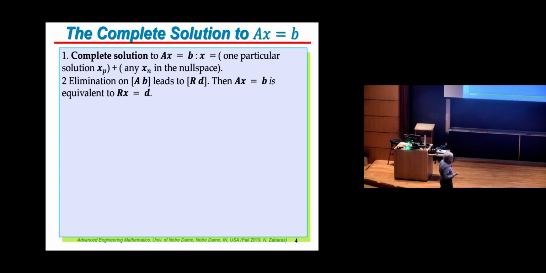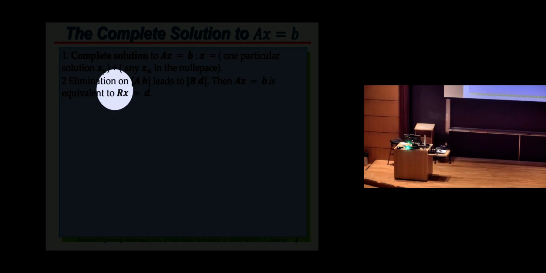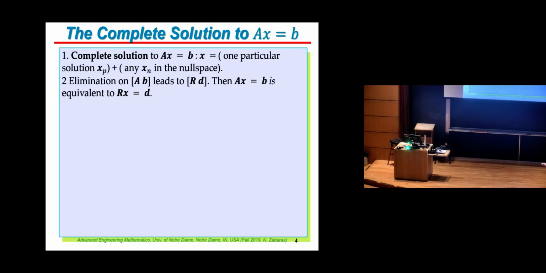And we will emphasize once more today that this process of elimination, doing linear combinations of rows on the augmented matrix that involves A and B, and effectively going at the end to this reduced row echelon matrix Rx equal to D, contains all the information that we need not only to compute the solution to the null space problem, but also to compute the particular solution.